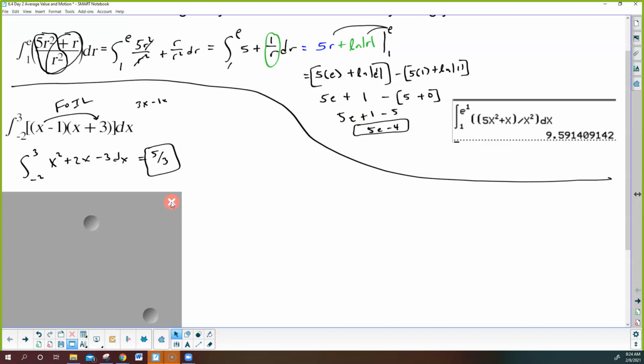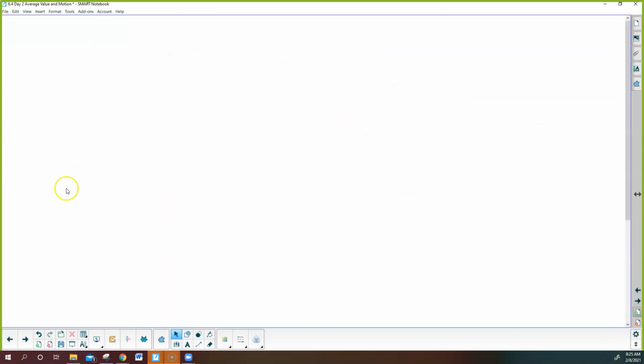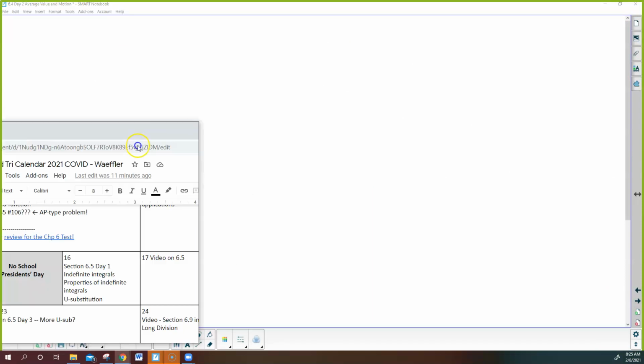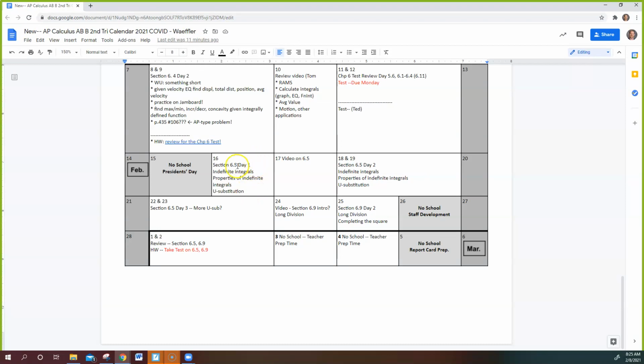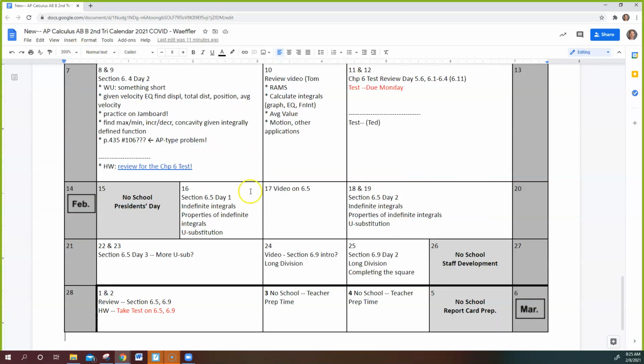All right? Okay, so really quick, I just want to talk about the end of this trimester, and then next trimester. So let me show you our calendar right now where we're at. Today, it is the 8th. We are doing section 6.4. And this isn't 100% exact. Our homework tonight is actually a Delta Math.